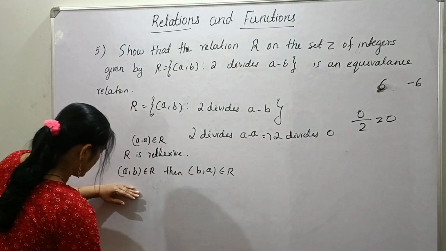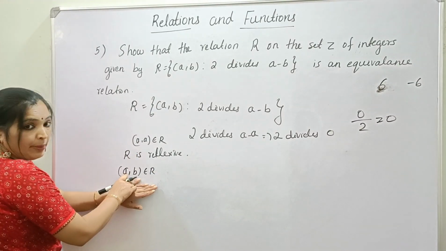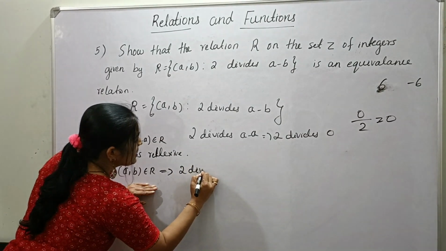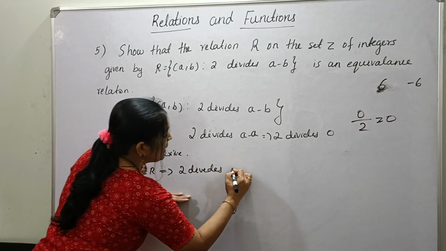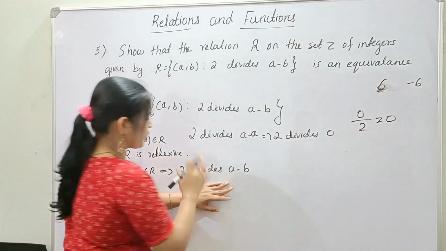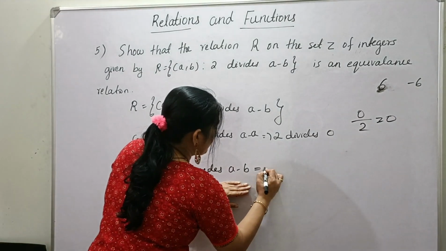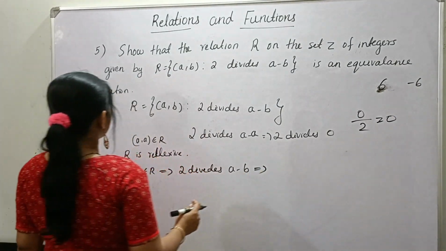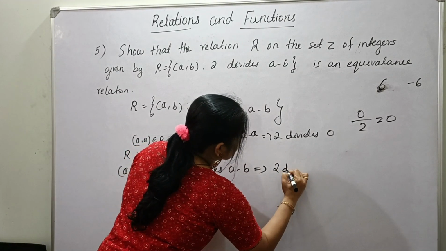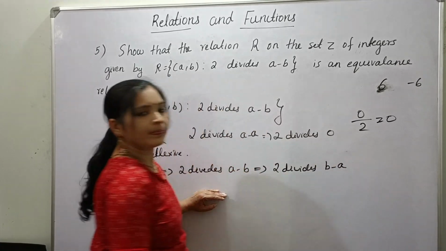So here I will write the steps. (a, b) belongs to R, that implies 2 divides a minus b, according to the relation definition. Then that implies 2 divides b minus a.